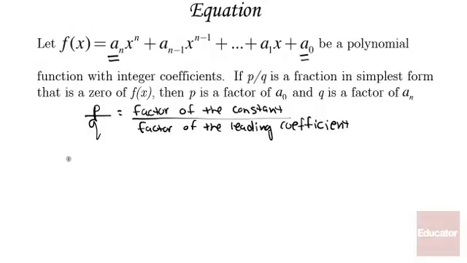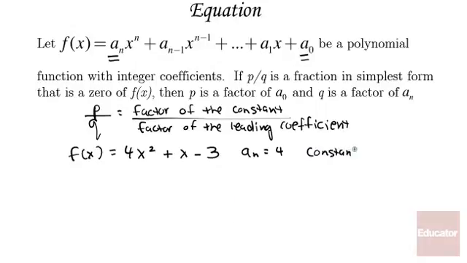Okay, using an example, f of x equals 4x squared plus x minus 3. Here, my leading coefficient is 4, and the constant is 3. I'm going to first just think about the factors.